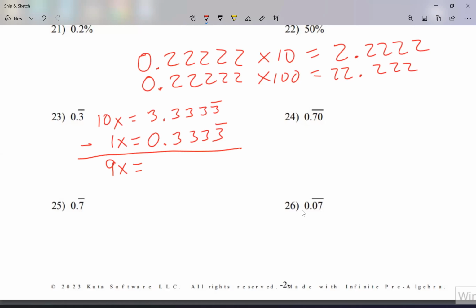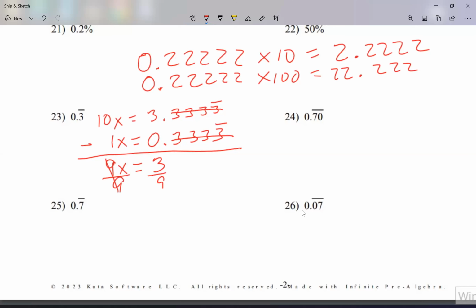It's easy. Interestingly, on the right side, my numbers after the decimal point cancel out, because look, it's the same thing. I'm subtracting, so they cancel out. So here I'm looking at 3 minus 0 is 3. So 9 times x equals 3. To get the x by itself, let me divide by the number in front of it.